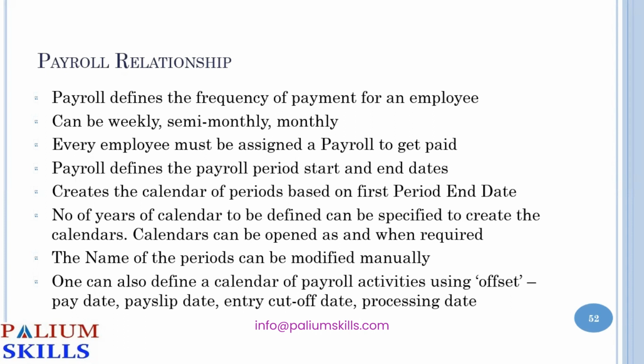All of you are paid probably on the last day of the month, right? So that is your pay date. Payslip date is the date that appears on the payslip. It might be 31st or 30th, depending on whether it is a 31-day calendar or a 30-day calendar.